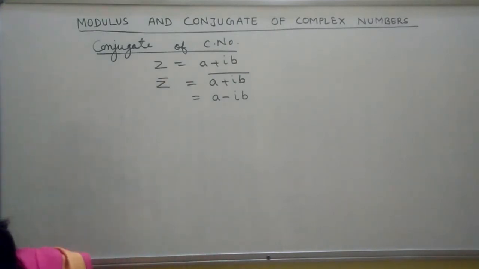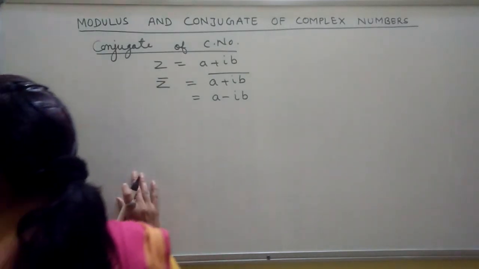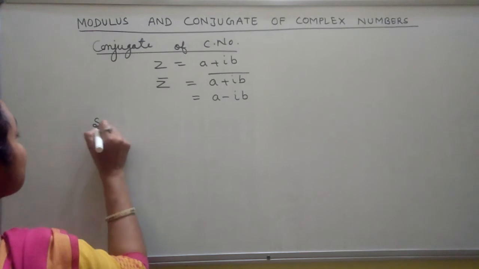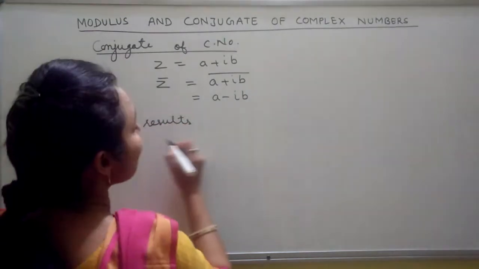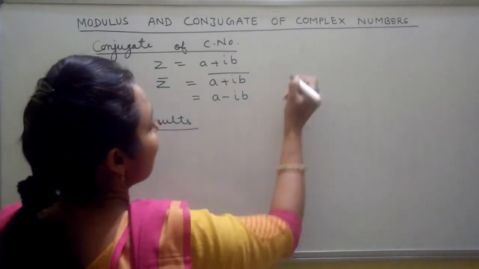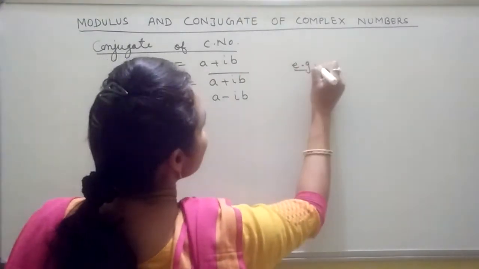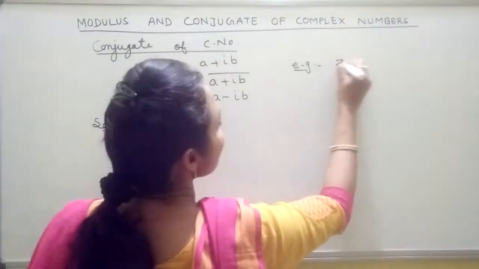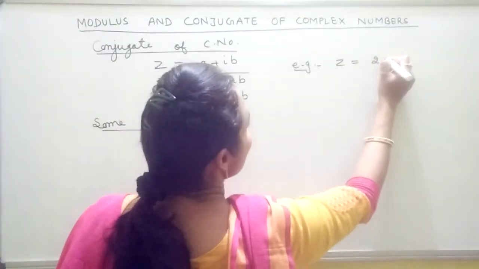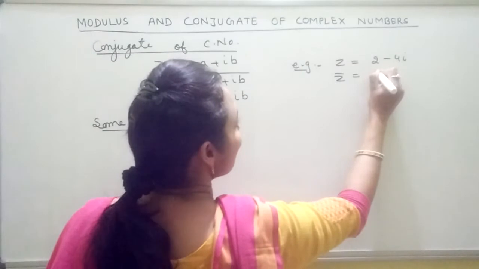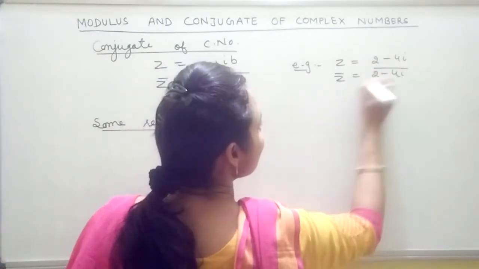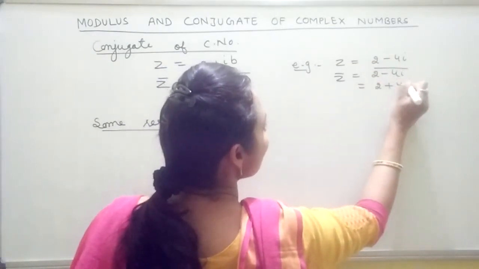Now some results used for the conjugate. In numeral form, take 2 minus 4 iota. So z bar is the conjugate of 2 minus 4 iota, that is 2 plus 4 iota.